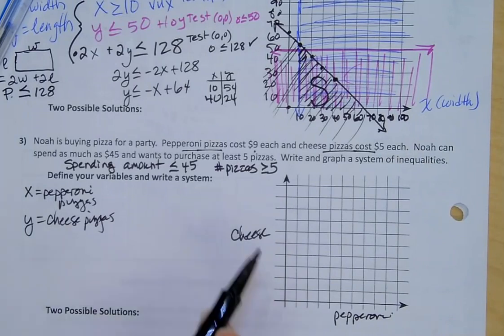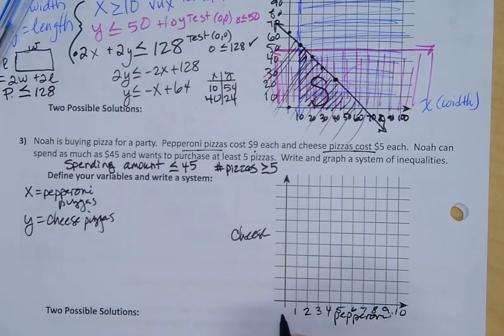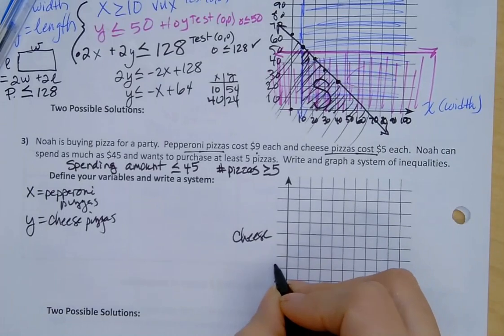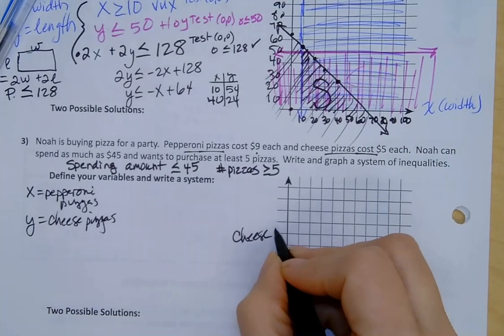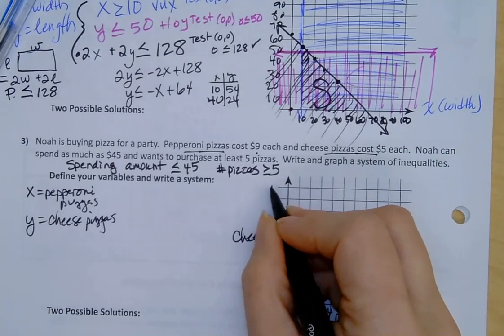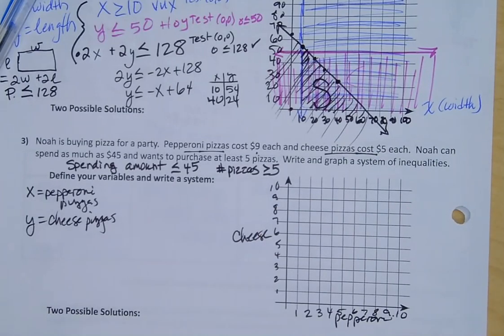If I'm buying at least 5 pizzas, I'm going to assume that I can go by ones here: 5, 6, 7, 8, 9, 10, and 1, 2, 3, 4, 5, 6, 7, 8, 9, 10. I have to buy at least 5 pizzas, some pepperoni and some cheese, and I can spend up to $45.